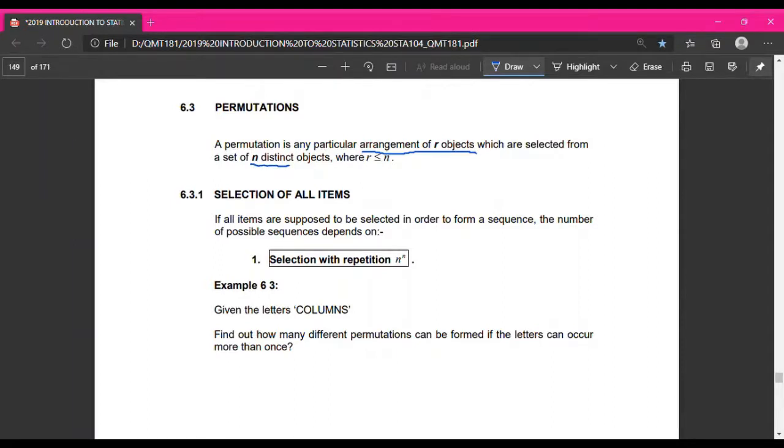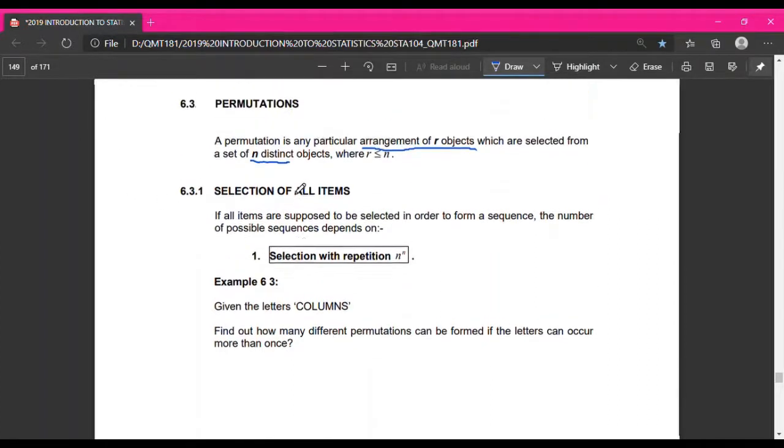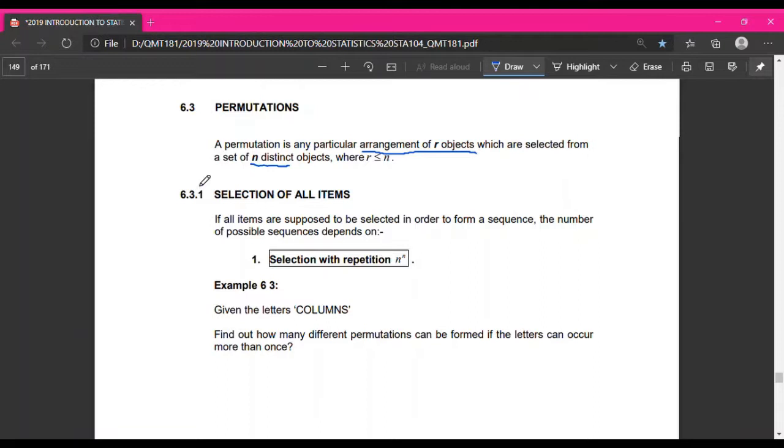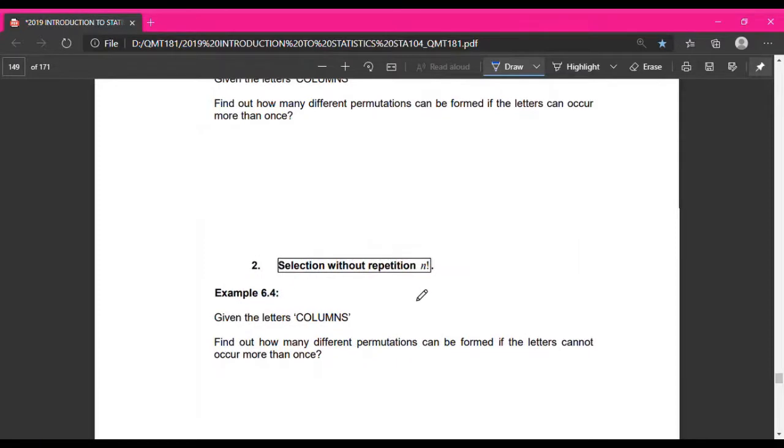There are several conditions. The first is selection of all items. We will use all the items available. If all items are supposed to be selected in order to form a sequence, meaning to arrange them, the number of possible sequences depends on the selection, with repetition or without repetition.